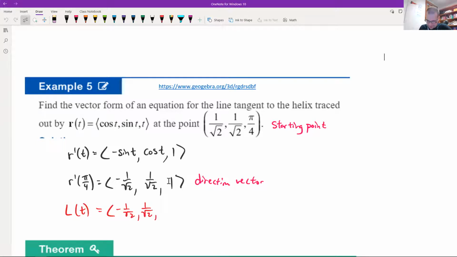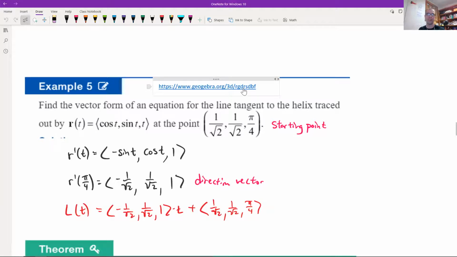I like writing it like traffic lights. This whole vector times t, and then plus the starting point. And that's a perfectly good equation for a tangent line in 3-dimensional space.